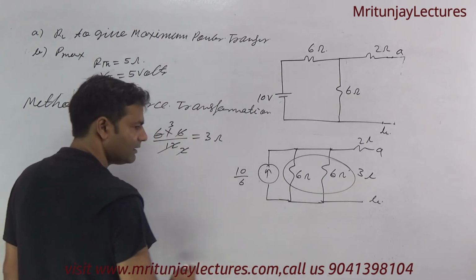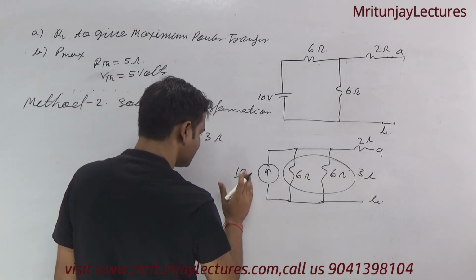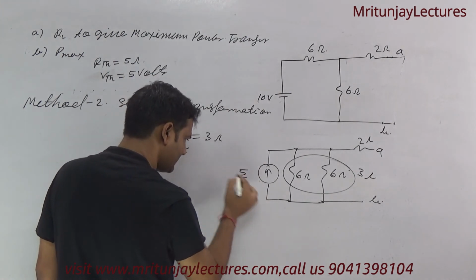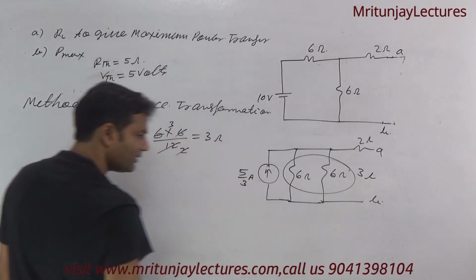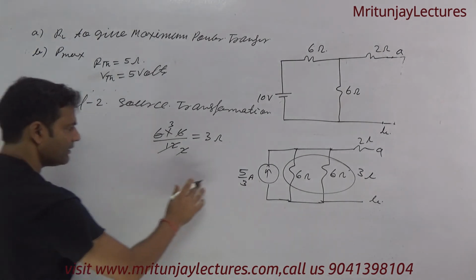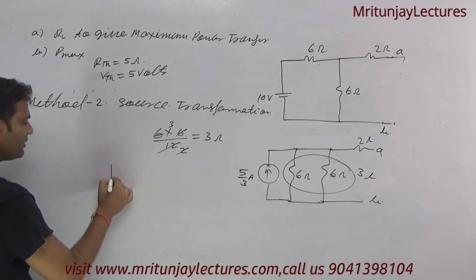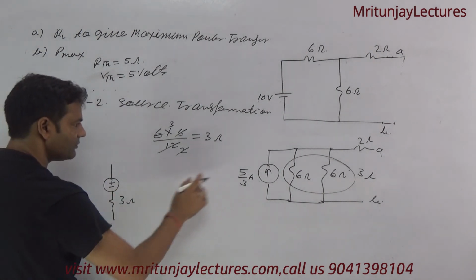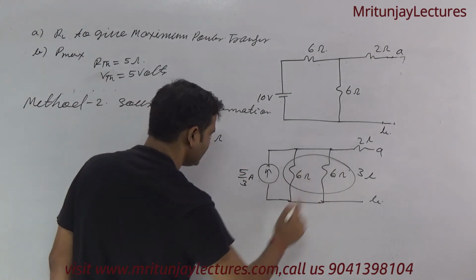So finally, if this is 3 ohm and that is 10 by 6, you can say that 5 by 3 ampere. Now if this is converted again to a voltage source, then we get plus minus, and resistance 3 ohm, 5 by 3 into 3, that is 5 volt.